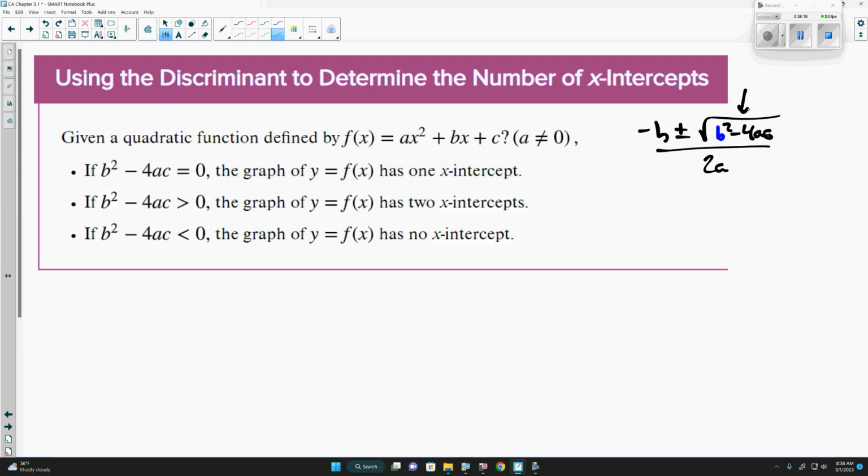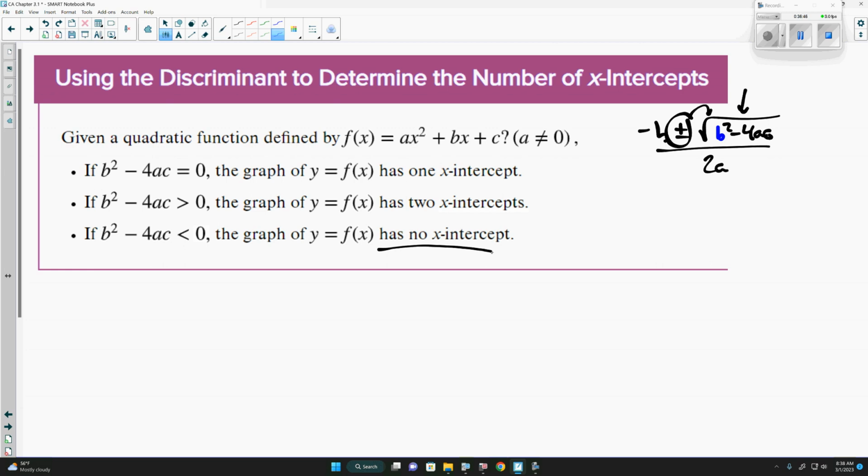If it's greater than 0, we are adding or subtracting whatever that value is. Be it a whole number, be it a decimal, whatever it is, we're adding it. So we'll have 2 different values because we're going to add and subtract it. But if it's less than 0, it's not going to have any x-intercepts, because less than 0 means we're taking the square root of a negative number, which is i, complex.